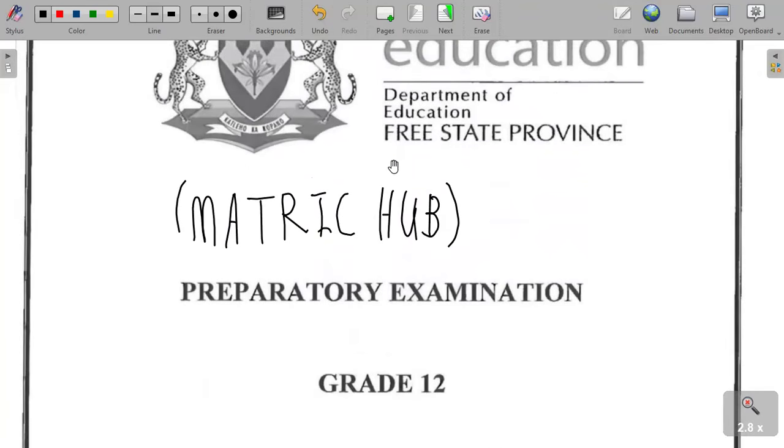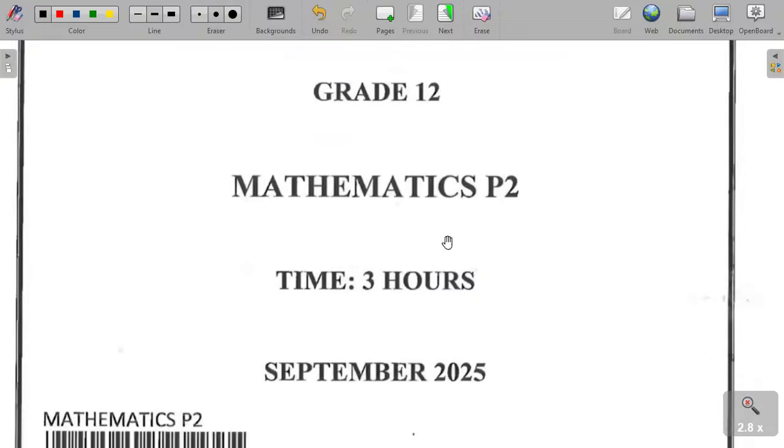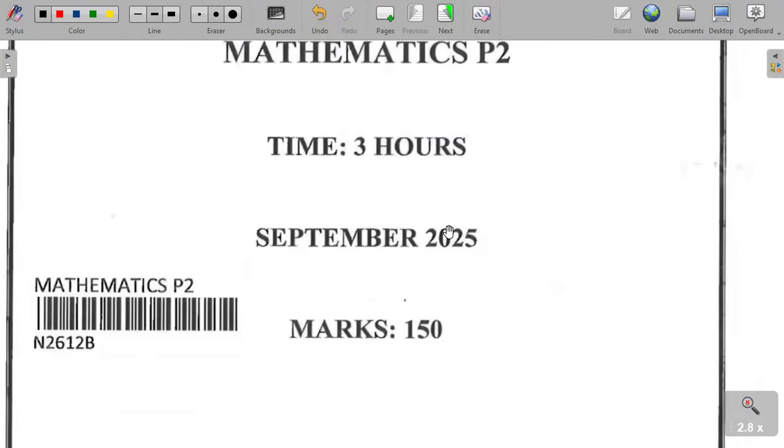It's from Free State, a Free State province paper, September 2025. Now, let's get into the paper. You can see it's a 3-hour paper.